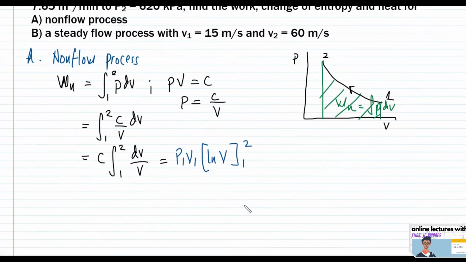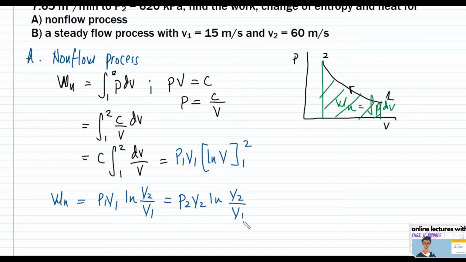By properties of logarithm, we now have W sub n is P1 V1 times ln of V2 over V1. Again, this could also be P2 V2 times ln of V2 over V1. So that is your non-flow work.